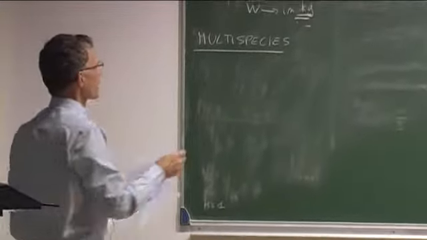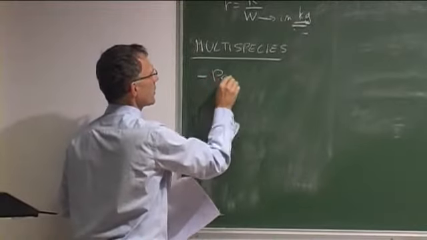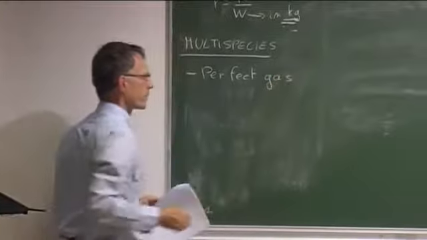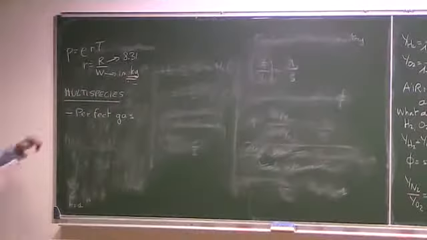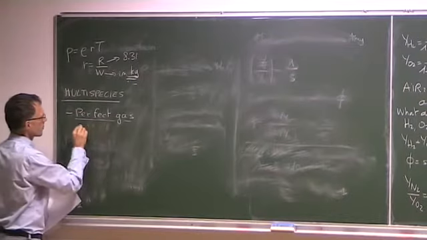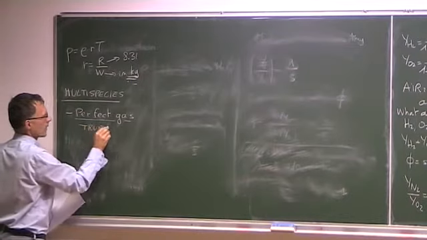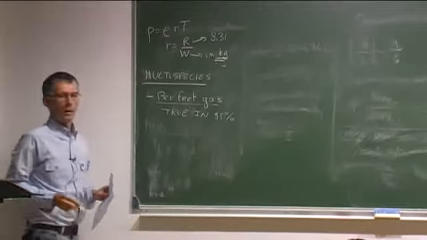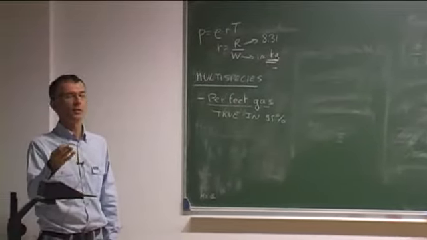The first thing I'm going to say is that I'm still going to be using the assumption of perfect gases. A perfect gas is basically a gas which has this equation of state. Is that always true? This assumption is true, I would say, in 95% of combustion applications. When is it not true?